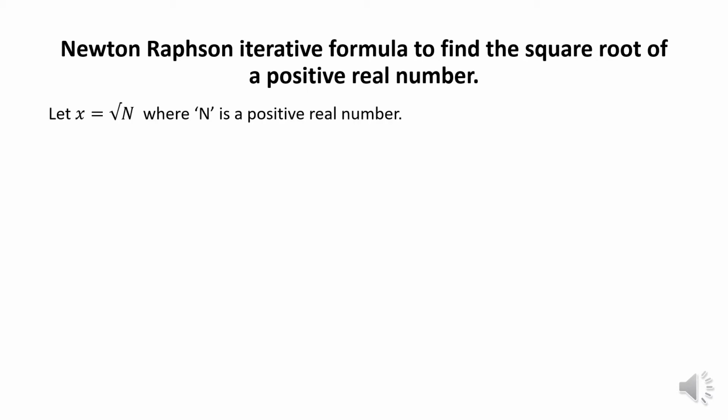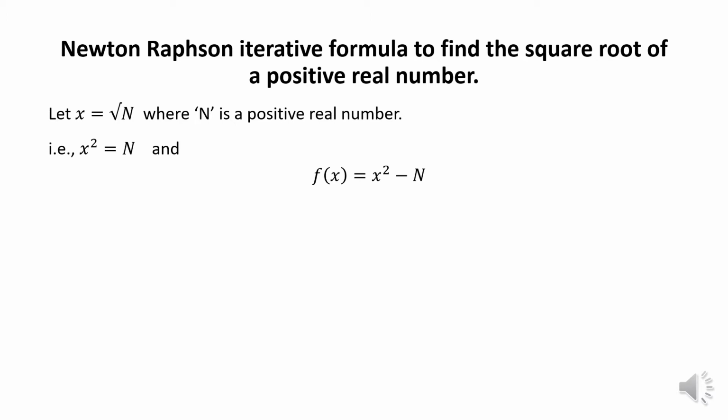Let x equal to square root of n, where n is any positive real number. Squaring on both sides, we will get x square equal to n, and take this equation as f of x, that is f of x equal to x square minus n.